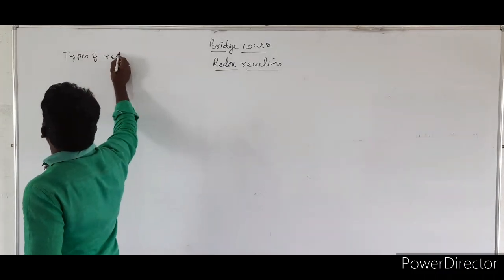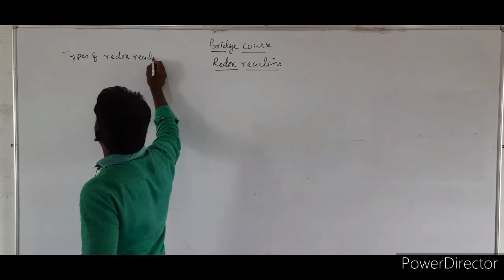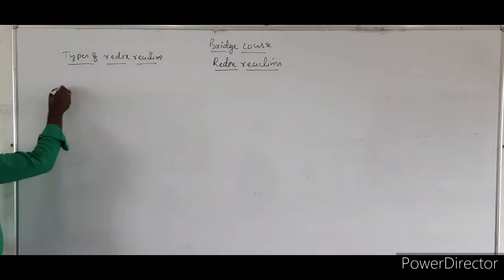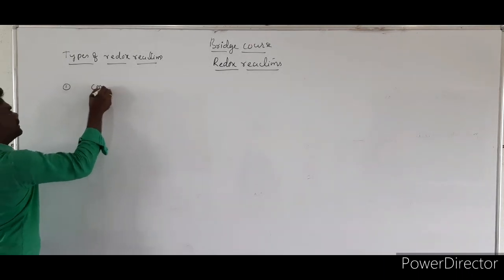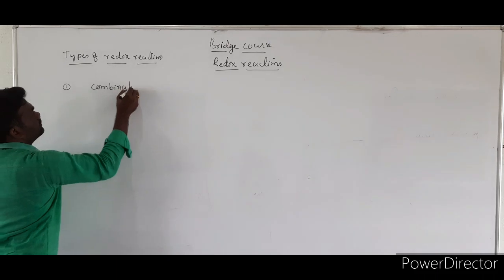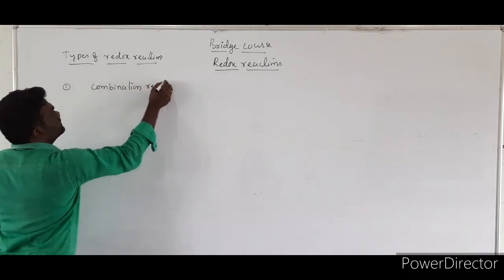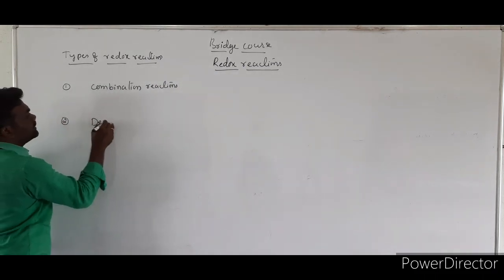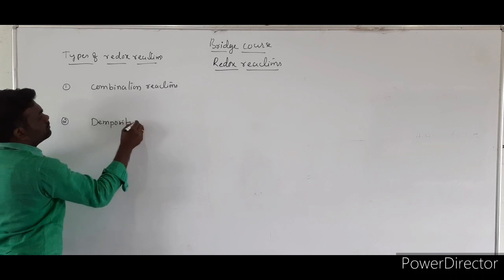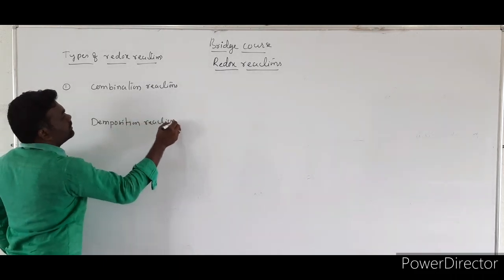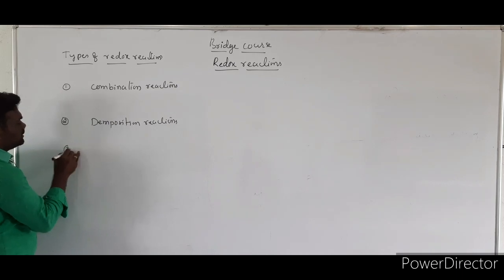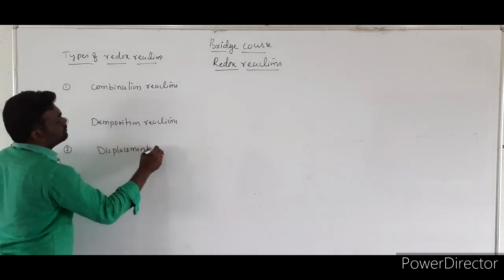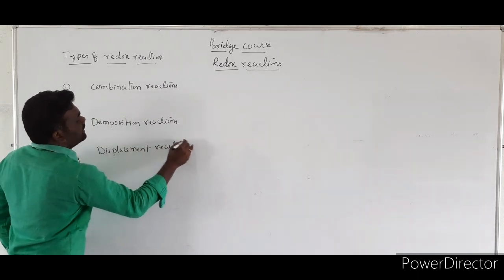Types of redox reactions. Redox reactions are mainly of 4 types. The first one is combination reactions. The second one is decomposition reactions. The third one is displacement reactions.